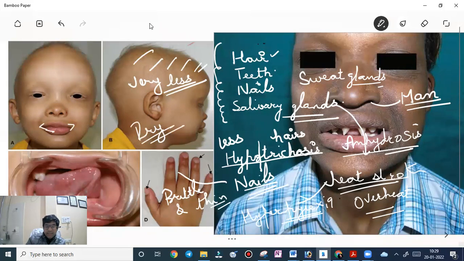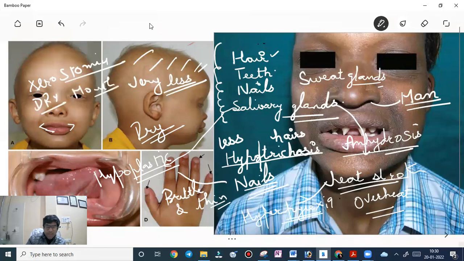And in turn, the salivary glands would be hypoplastic, which would lead to xerostomia. What is xerostomia? Xero means dry and stomia means mouth. Again, there will be dry mouth and dry lips with fissure at the corner of the mouth. Another term that is used is hypohidrosis.